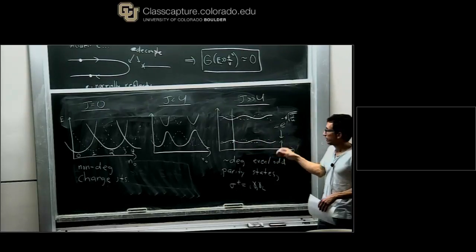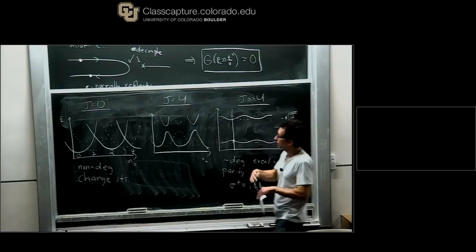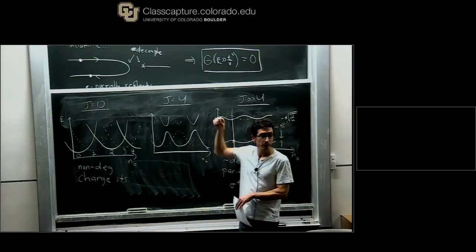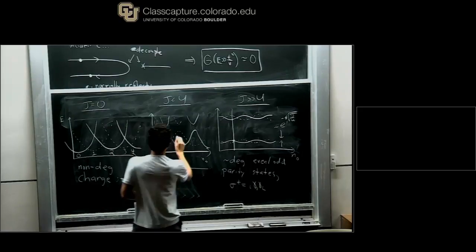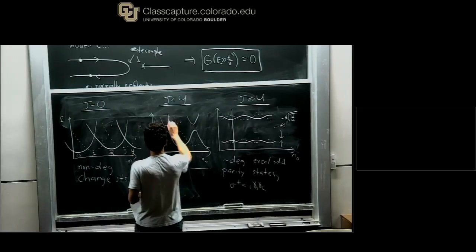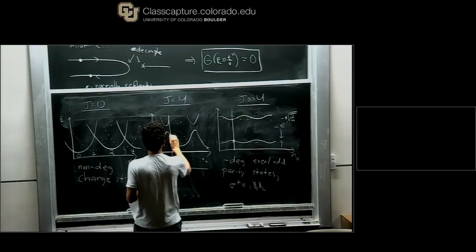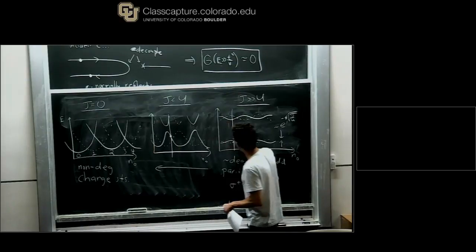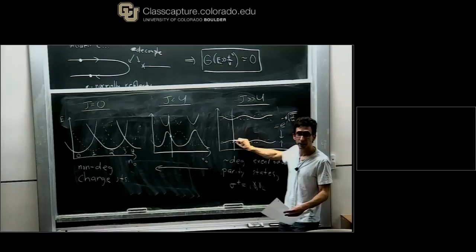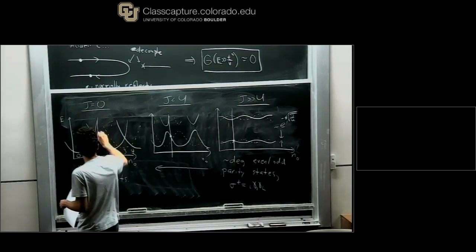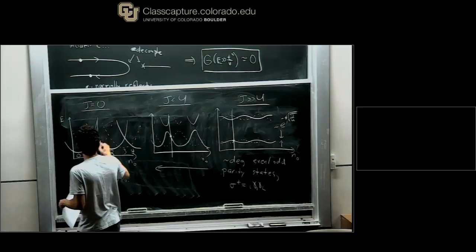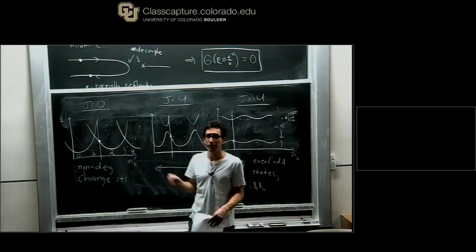If we now start raising the barrier and decreasing U, so let's go in this direction, we can follow what happens to that state. Here, these even and odd parity states are almost degenerate. That splitting is increasing, and eventually these states are very different in energy.